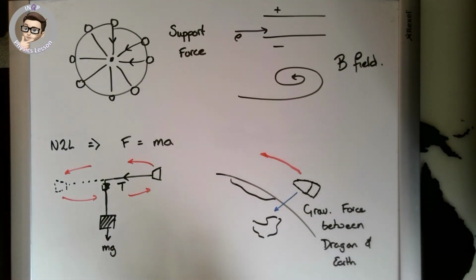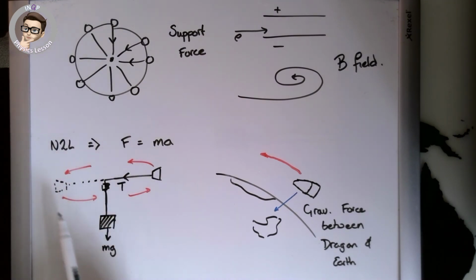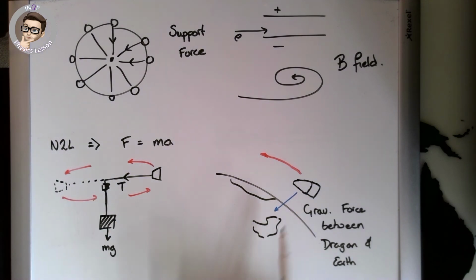So for examples, we've got tension, where the rubber bung is moving round in a circle and it's being kept in that circle by that tension force. If we cut the string, then that rubber bung will fly off in a straight direction. It will no longer carry on moving in a circular motion. We've got the Dragon capsule going around the Earth. Well, that Dragon capsule is being kept in orbit by the gravitational force.